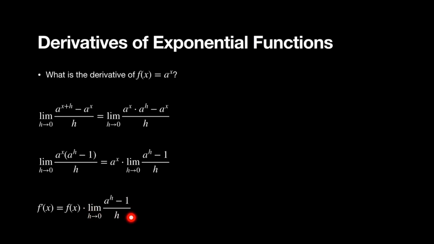And notice this limit doesn't have any x's in it, so that limit is going to be a constant. So when we have exponential functions, our derivative is actually proportional to the function itself. The slope is proportional to the y value of that function. So my derivative is going to be my function times some constant.